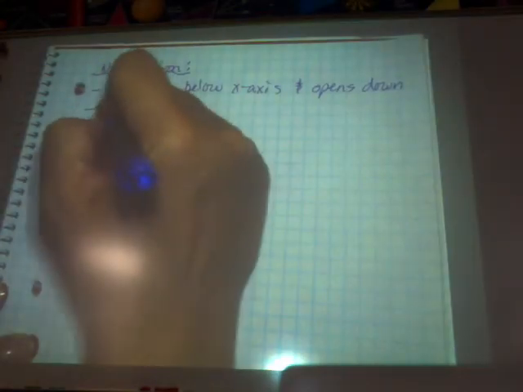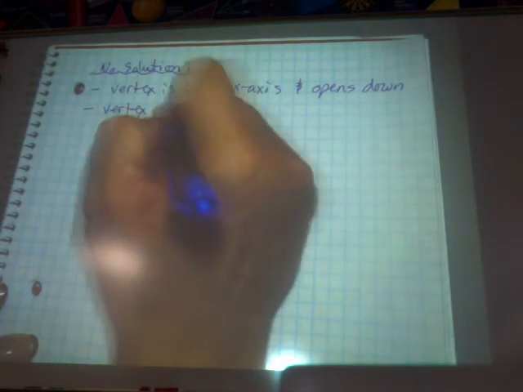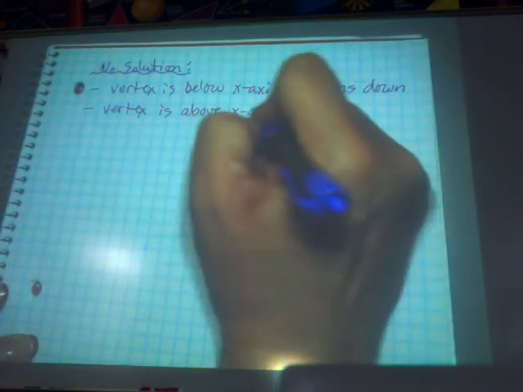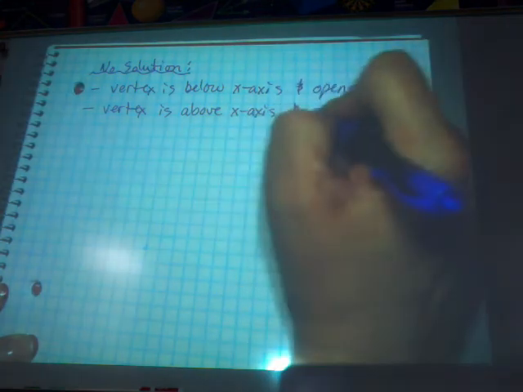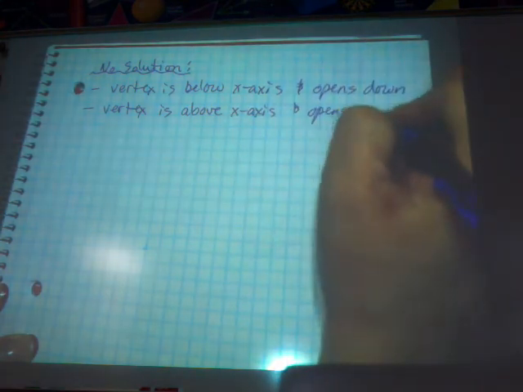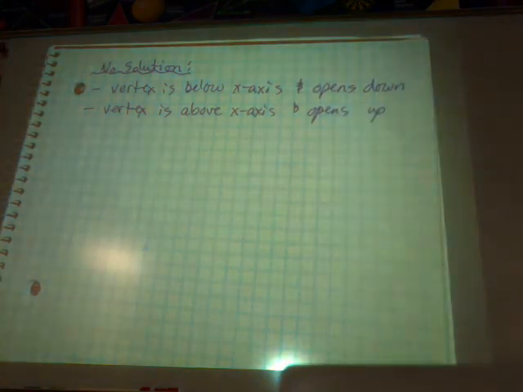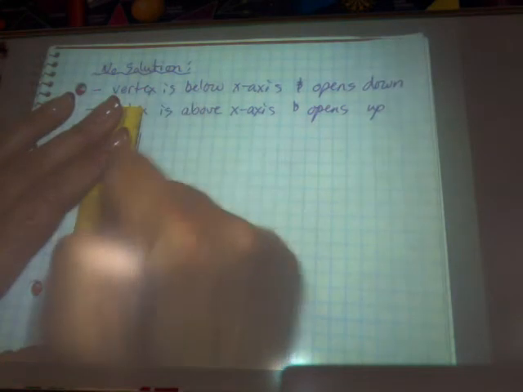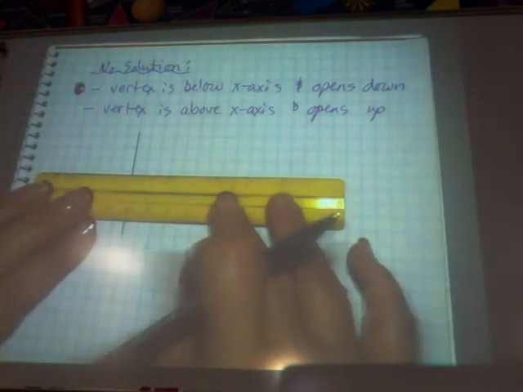Or the vertex is above the x-axis and opens up. So two more small coordinate grids.